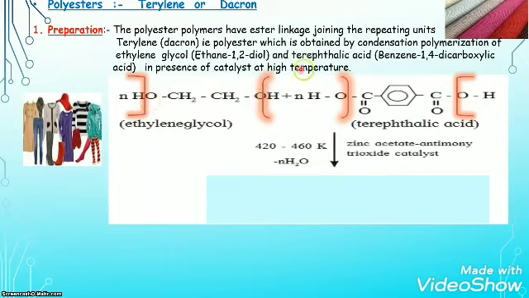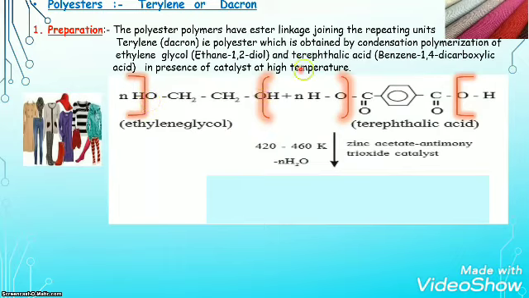So structure of terylene is, it starts with O, you can see here, then CH2, then CH2, then oxygen, then C double bond O, after that benzene ring, and then C double bond O, dash, bracket complete, and n, that represents continuous chain of polymer. So let us take a quick view of preparation of terylene.